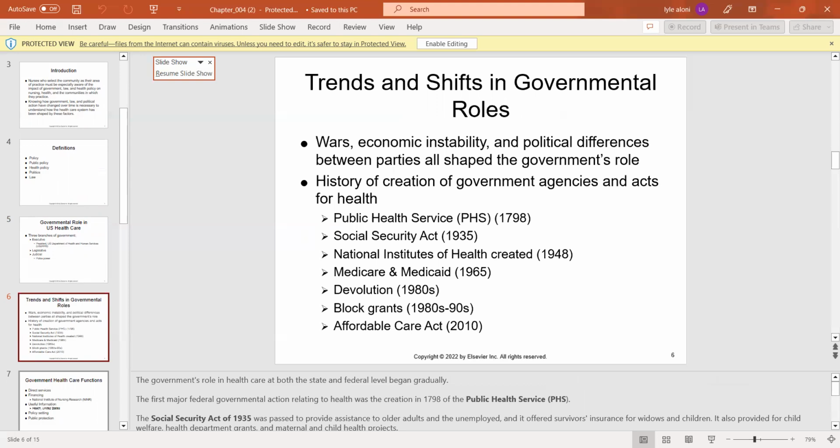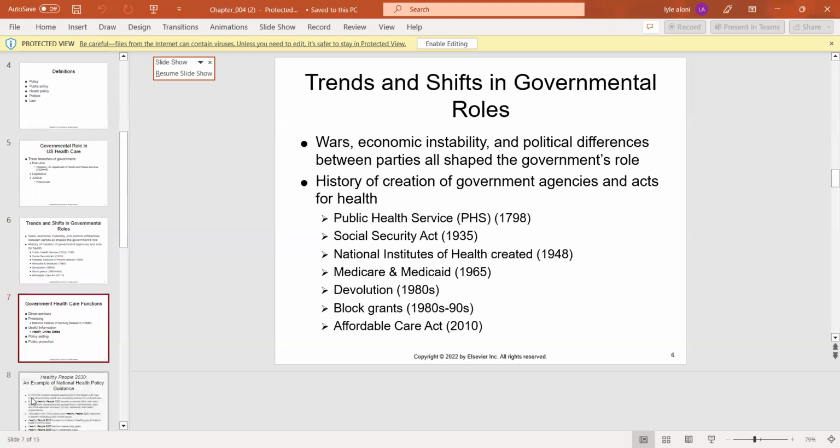The first major federal government action related to healthcare was in 1798 with the creation of the Public Health Service. We then had the Social Security Act of 1935, which was passed to provide assistance to older adults and the unemployed. We continue on to the Affordable Care Act, which we discussed last class, and what that did for healthcare in the United States.